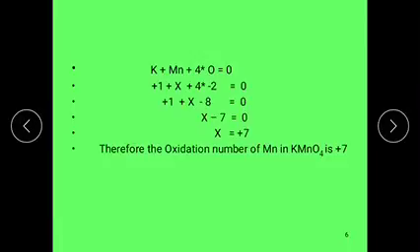The calculated value of an atom's oxidation number should not exceed its group number. Here manganese is a 7th B group element, so it is equal to its group number, and the calculated value of plus 7 is right. Therefore the oxidation number of manganese in KMnO4 is plus 7.